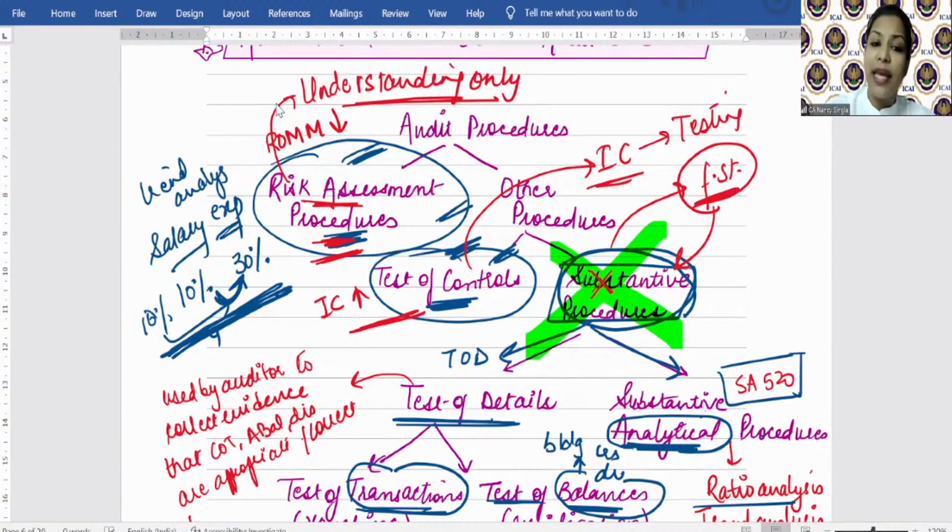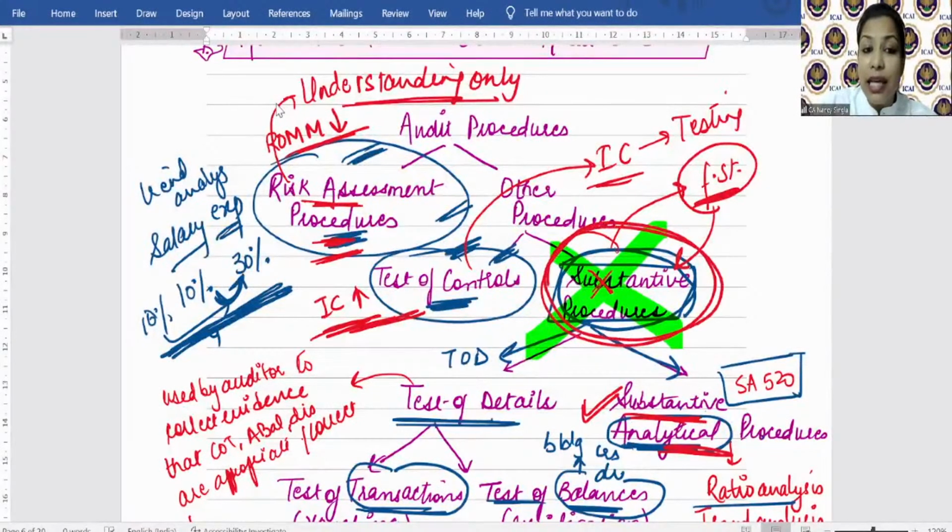Whether to perform only substantive analytical procedures, that the auditor decides: okay, risk of material misstatement is low, the internal controls are very good, I'll perform certain ratio analysis, certain trend analysis, certain comparisons, that is, I perform only substantive analytical procedure. That can be done, but avoiding substantive procedure in entirety is not possible because the opinion has to be given on the financial statement.